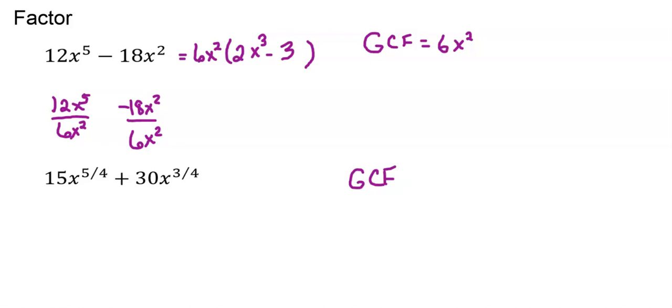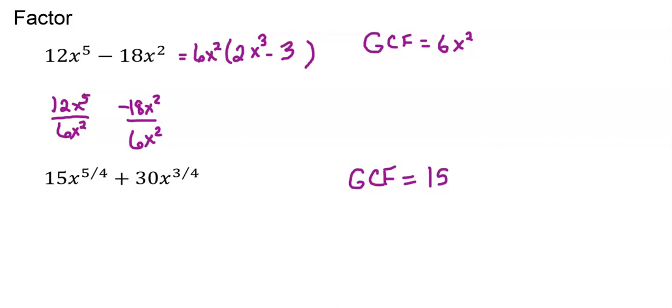For the 15 and 30, the largest number that divides into both of those is the 15. And then for the x to the 5/4 and the x to the 3/4, we can take a hint from what we did in the previous problem and notice that the greatest common factor for the variable factors was whatever the lowest exponent factor was.